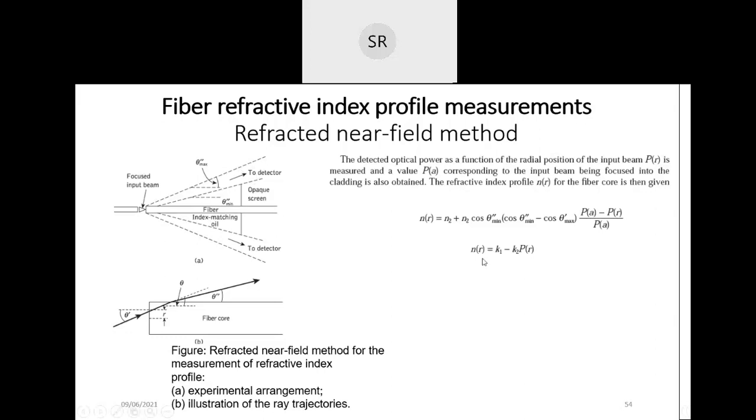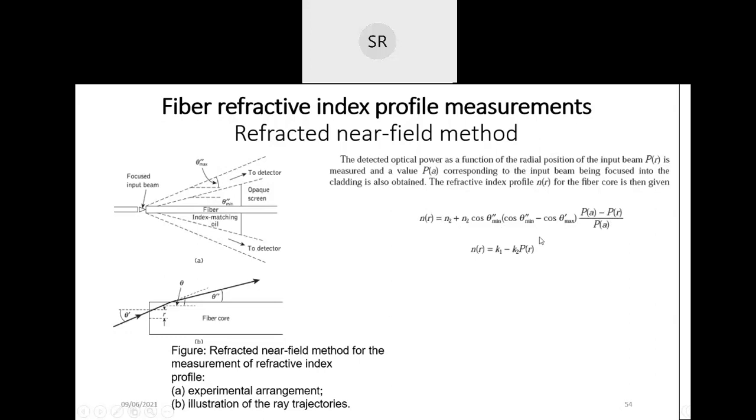So the detected optical power is a function of the radial position of the input beam, P of R and P of A, corresponding to the input beam being focused into the cladding. Means that is about the cladding here. So we can find out the refractive index profile, N of R is equal to what? What would be the refractive index of the cladding here with respect to the power detected here.